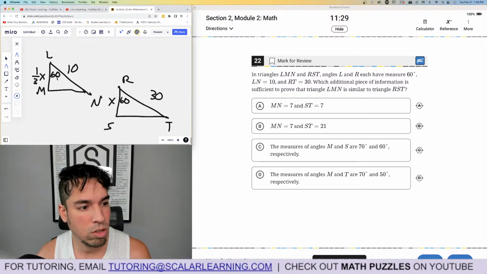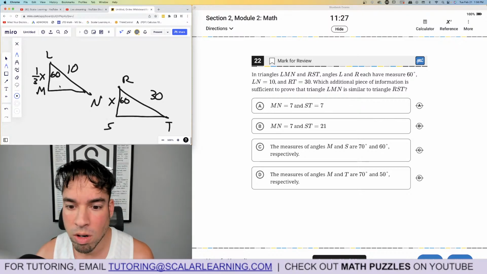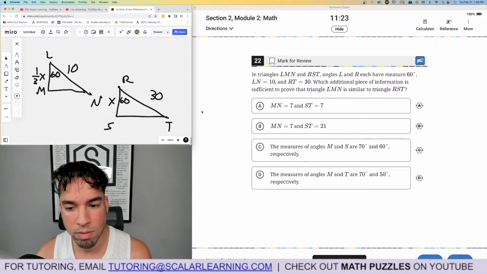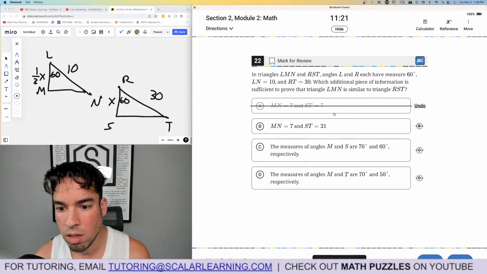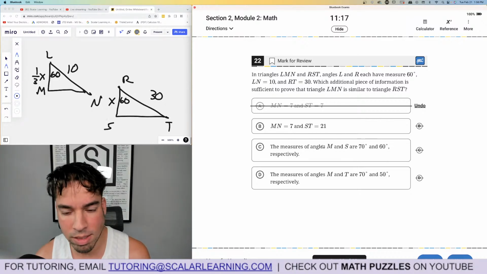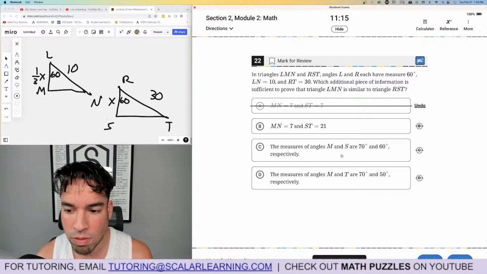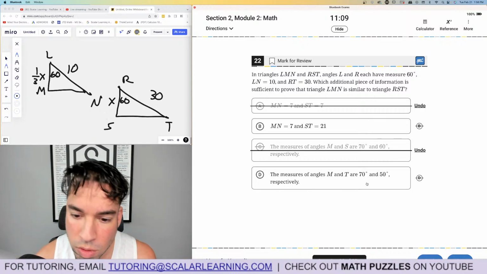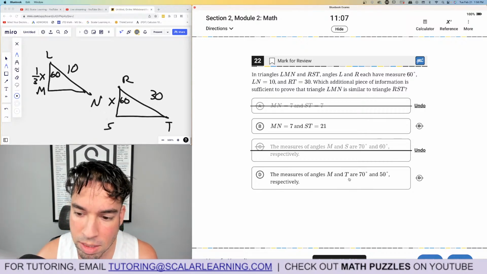See, I need these two to have the relationship LM and RS, not MN and ST. First of all, they can't be congruent. This is crazy. 1 to 3, but that's angle, side, side, so that doesn't work. The measures of angle M and S are 70 and 60 respectively. M and S, no, they'd have to be congruent. The measures of angle M and T.